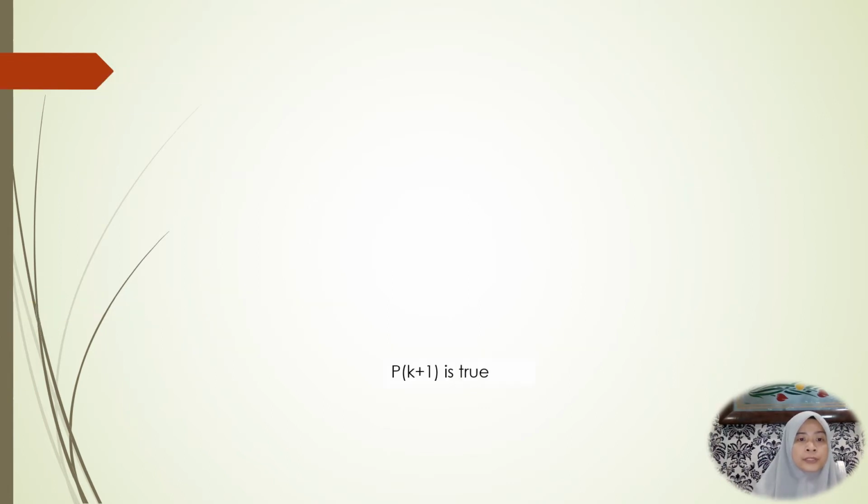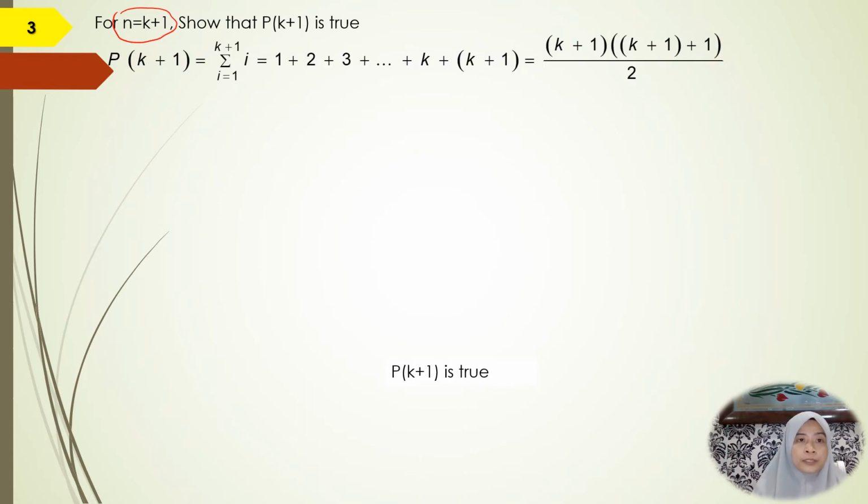Okay, for the third step, we need to show that Pk plus 1 is true. Right, so we need to let all the n equal to k plus 1. So this is our statement for Pk plus 1.